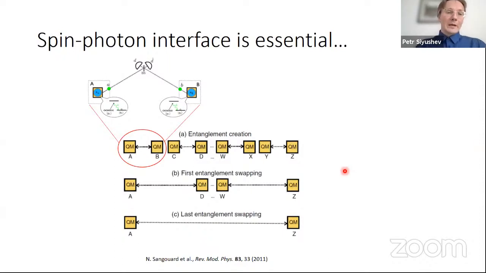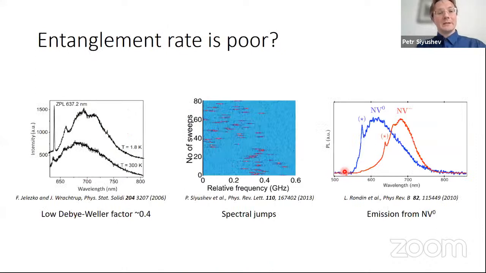The main problem is that the entanglement can be provided only by the coherent photons which are associated with the zero phonon line. Whereas for the nitrogen vacancy center, most of the photons are associated with the phonon sideband, and only 4% of the total emission is in the zero phonon line.